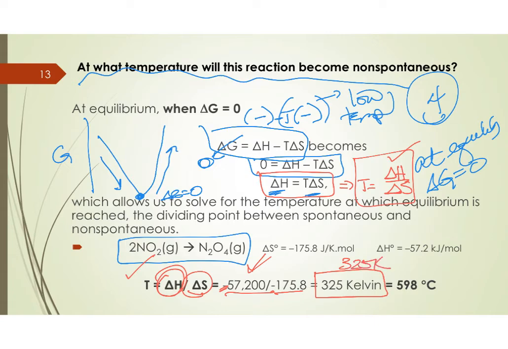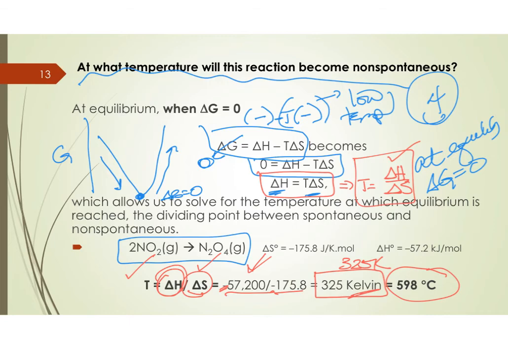Now be careful. I don't usually do this on purpose, but a lot of the standardized questions will ask you, well, what is the temperature in Celsius? Remember that when you use this equation, the temperature you get is Kelvin, and the temperature you must use is Kelvin. So if it asks in Celsius, you're going to have to do another conversion.